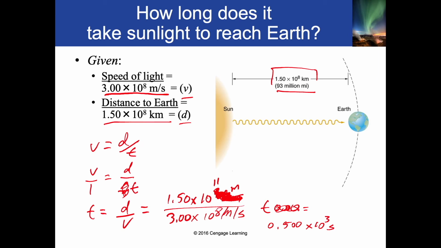Because just like Gloria there pointed out, we needed to have the same unit, and the reason why is so that the m's cancel out. So all you're left with is seconds. And then, just to make this number a little easier to read, you can convert that back to regular numbers, and that's literally 500 seconds.